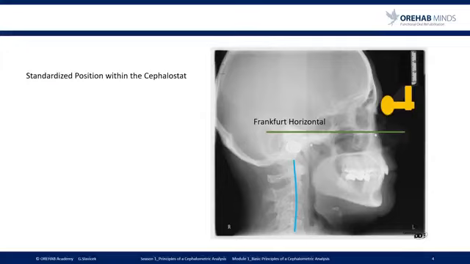The Frankfurt horizontal plane of the patient is determined by the landmark on the skin, which is the suborbital point, and the porus acousticus externus or the meatus acousticus externus. And this plane of the patient should be more or less parallel to the floor.